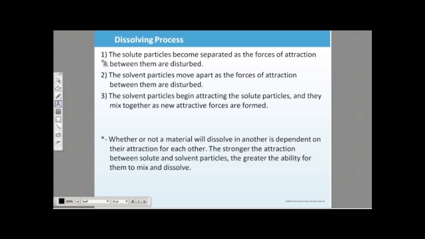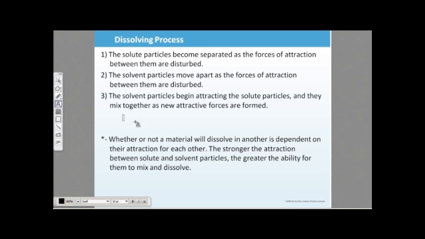The solvent particles will then spread out and allow the solute particles to intermingle with them. And then the final step is the solvent particles themselves become attracted to those individual solute particles as they mix together.